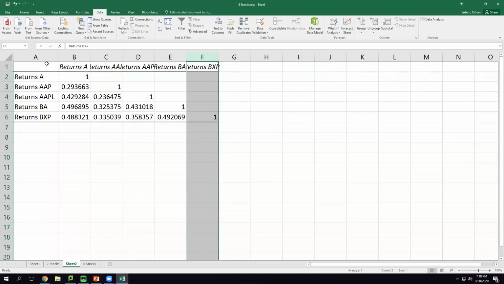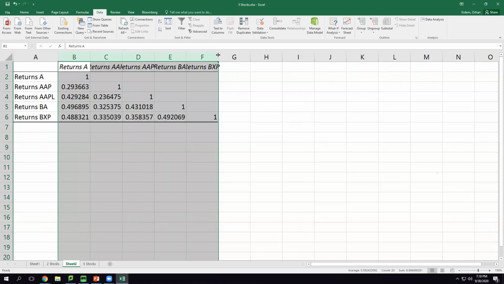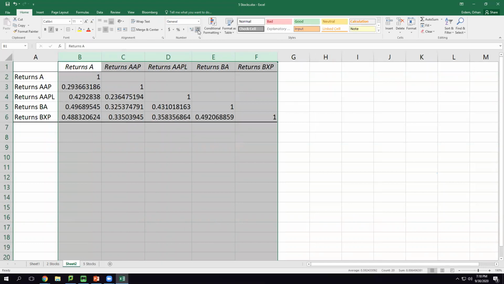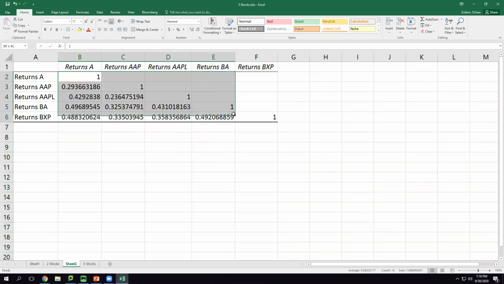First of all, they are all positive. Did you see that? Yeah, I can see it. So almost all of them are positive. So first of all, it's very difficult to find negatively correlated stocks.